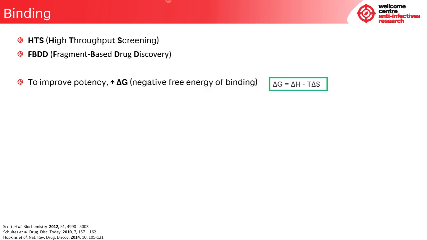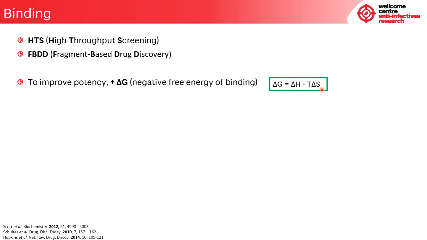Now we want to understand how to improve potency and what this relates to when we're looking at our molecule. To improve potency, it is said that you need to see an increase in the negative free energy of binding, which is given by delta G. Delta G, however, is comprised of two values, mainly enthalpy as well as entropy of binding.